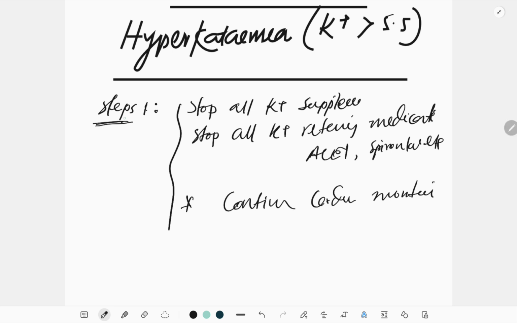So within step 1, it is most important to mention that continuous cardiac monitoring is needed for any patient presenting with hyperkalemia.